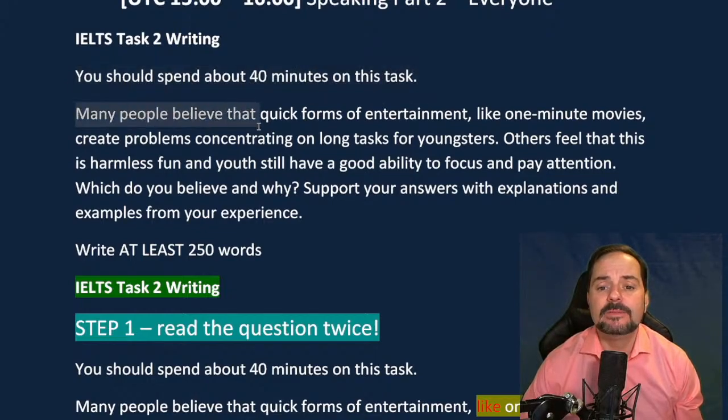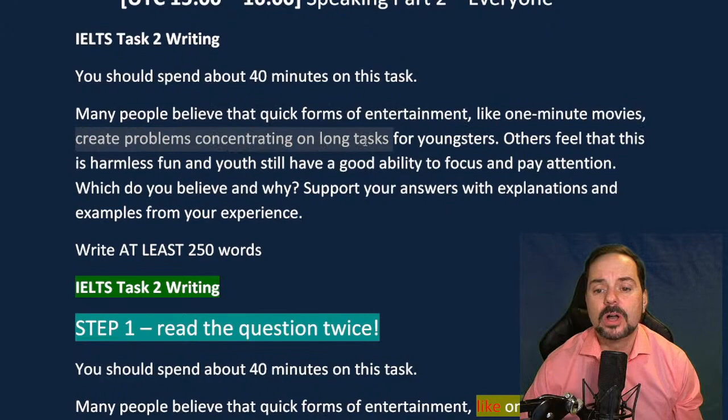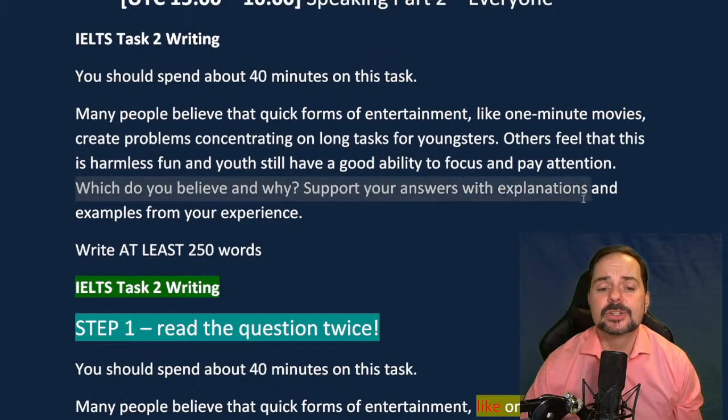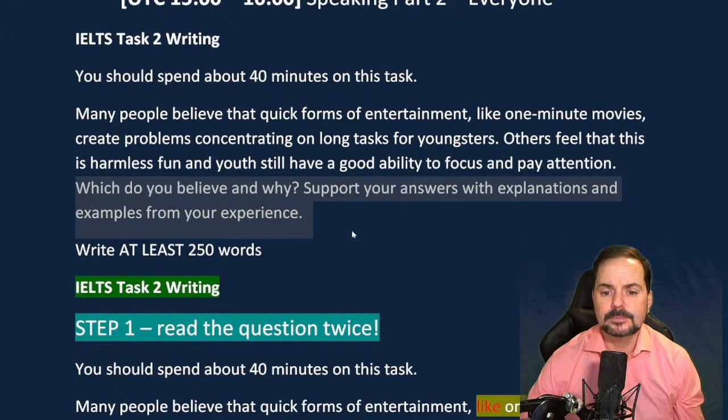Many people believe that quick forms of entertainment like 1-minute movies create problems concentrating on long tasks for youngsters. Others feel that this is harmless fun and youth still have a good ability to focus and pay attention. Which do you believe and why? Support your answers with explanations and examples from your experience.